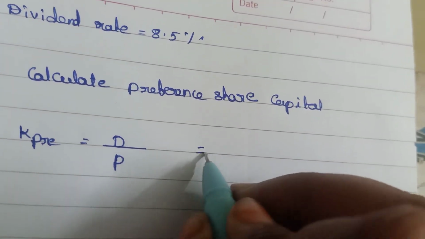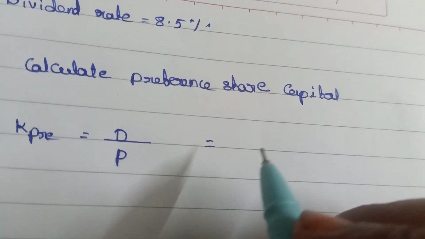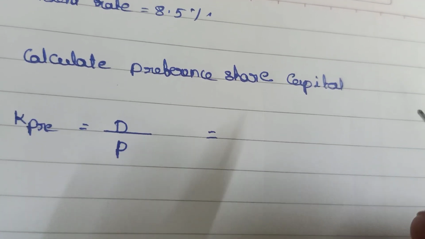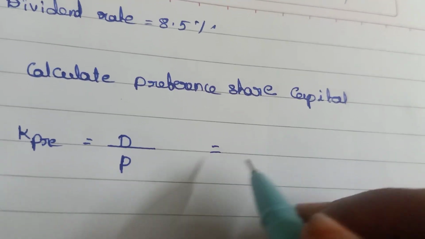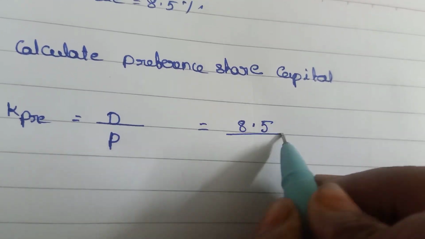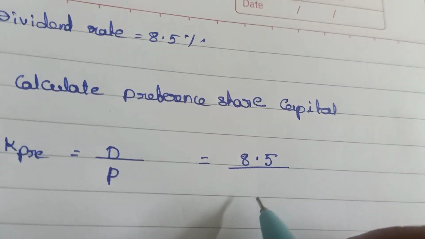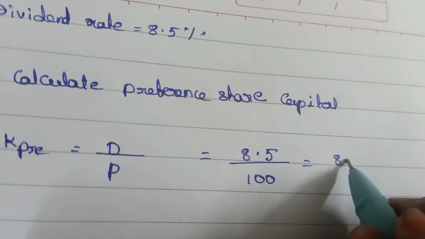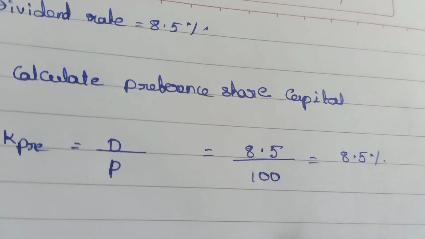So the preference share cost, the after-tax cost of capital, is equal to 8.5%. They have directly given it.